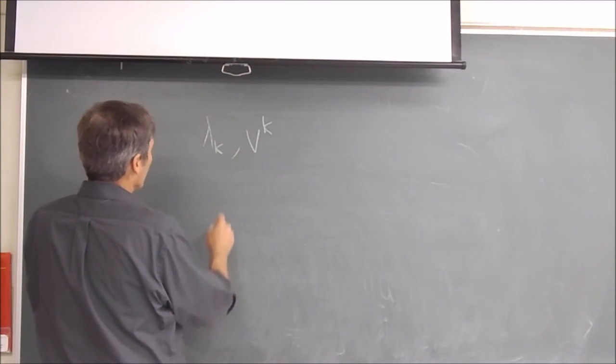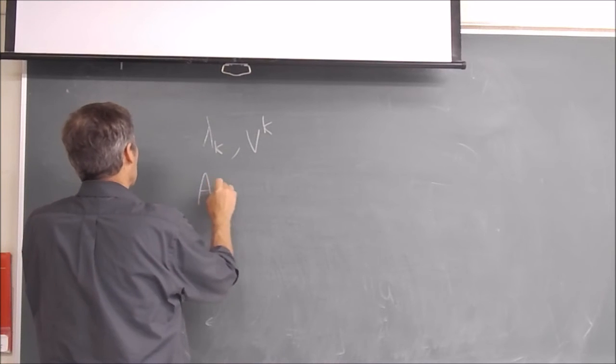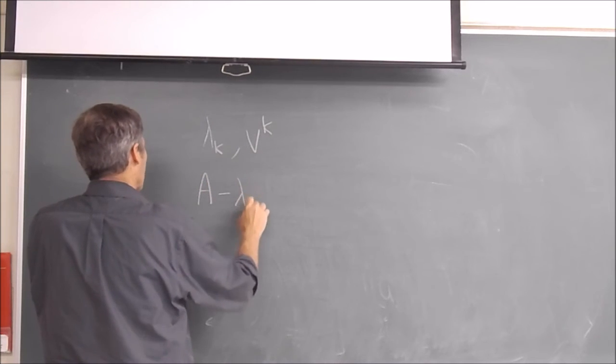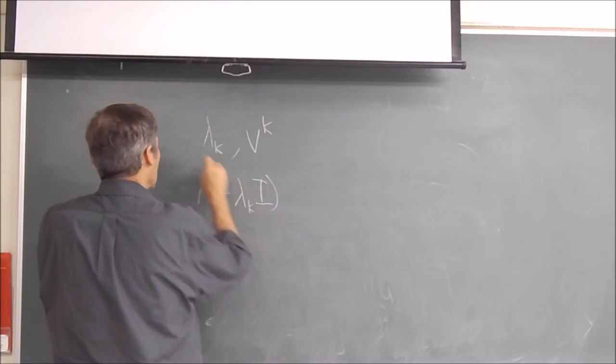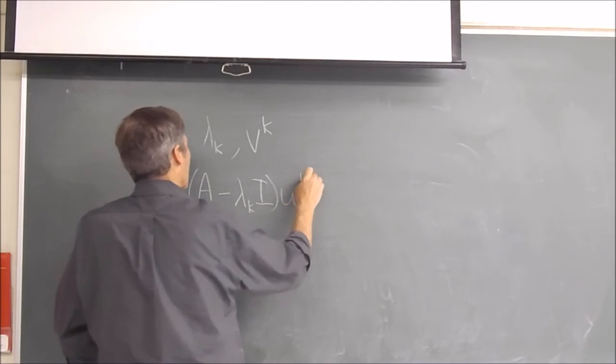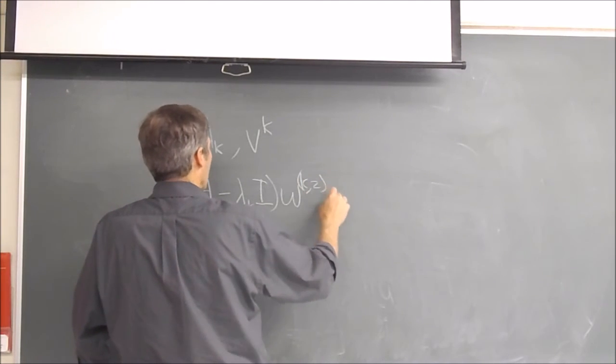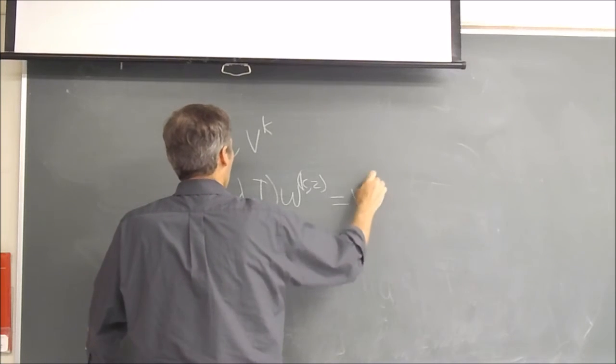What we do now is we solve A minus lambda identity times wk2, I'll call it, equals vk.